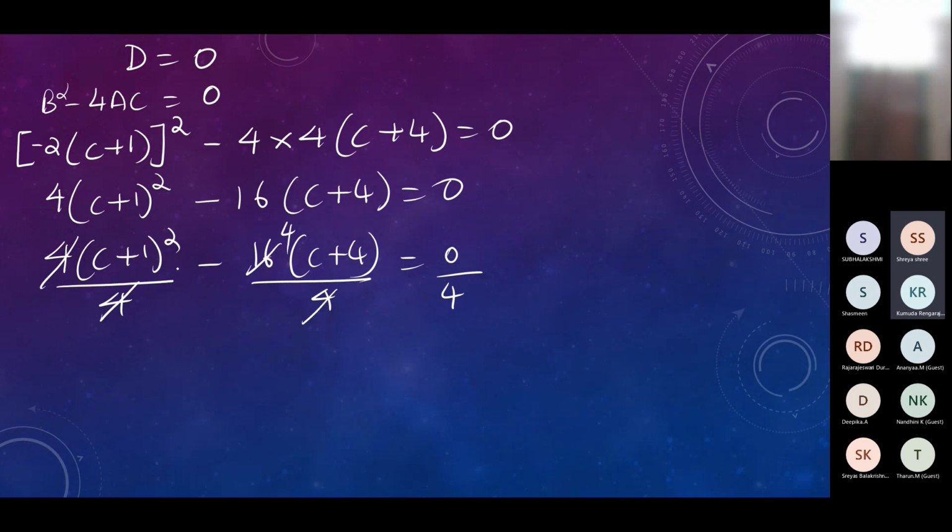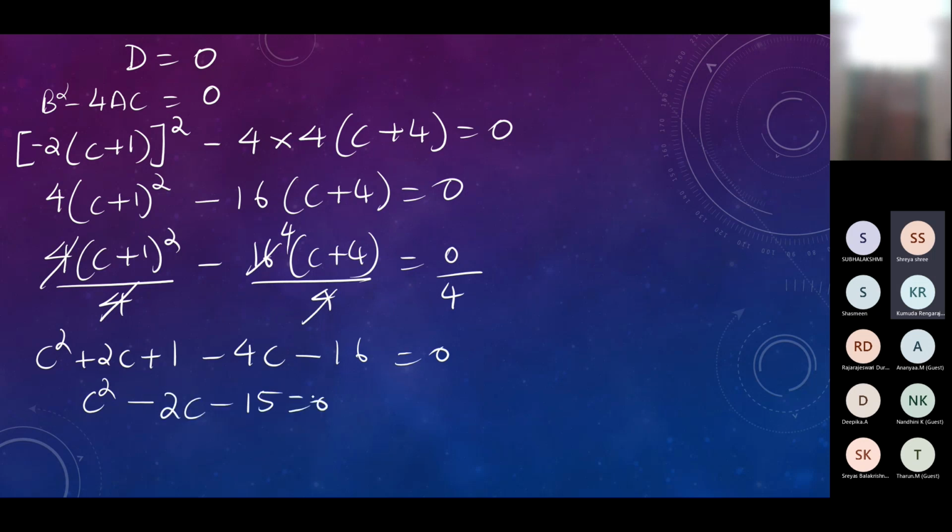So you can expand this now, because (c plus 1) the whole square is c square plus 2c plus 1. And here minus 4c minus 16, children. Be careful, because minus 4 into plus 4 is minus 16, is equal to 0. So this becomes c square minus 2c minus 15 is equal to 0.